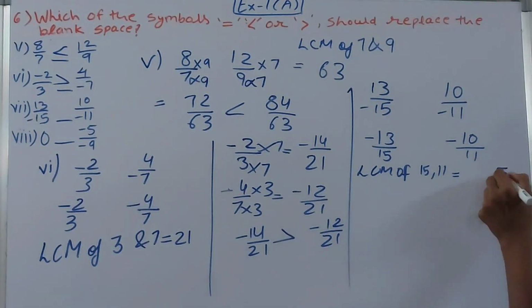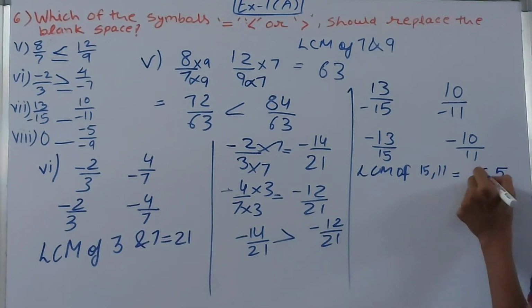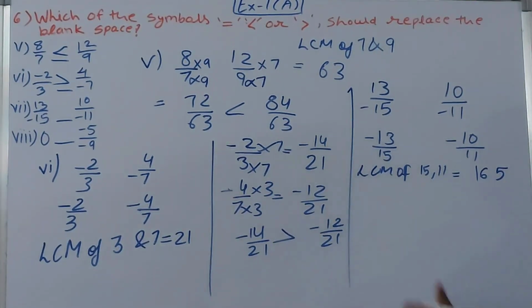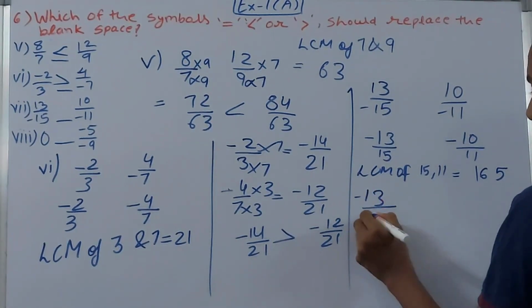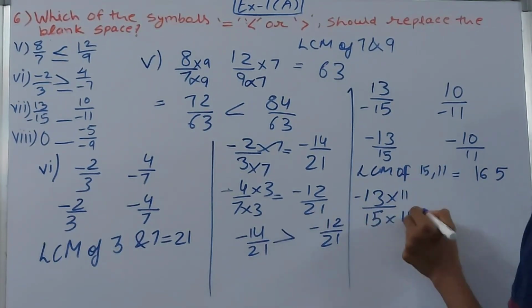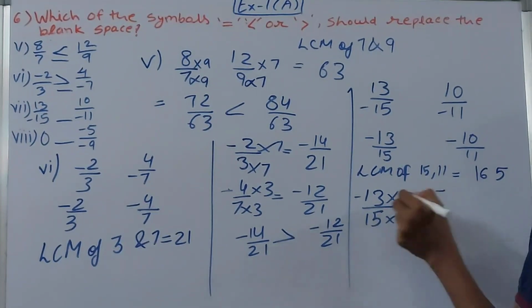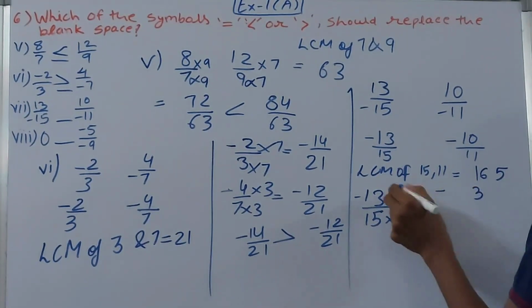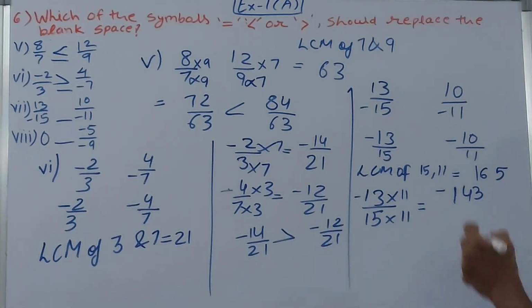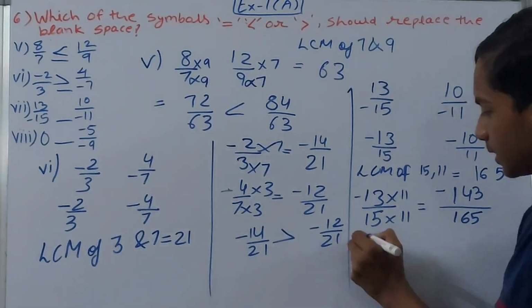This will be 15 into 11, so 165, right? This becomes the LCM of 15 and 11. Now again convert this accordingly. So minus 13 upon 15 into 11, and here into 11 also. So this will be minus what? 143. Minus 143 upon 15 into 11 is 165, and the same we'll do with the other one also.